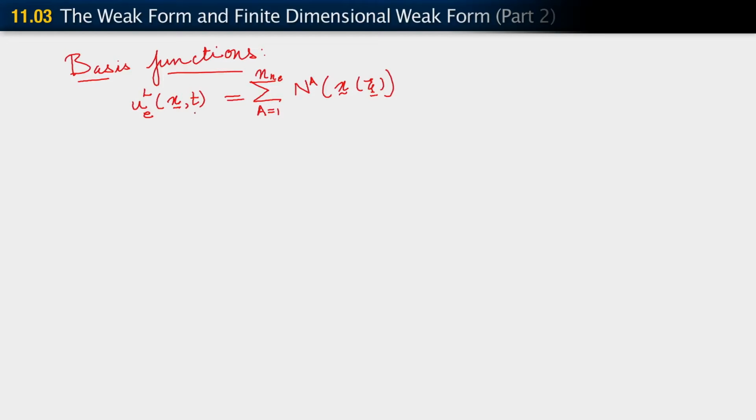The time dependence of UH is done in the sort of formulation that I'm describing here. It is done by simply having the coefficients here, which we know to be the nodal values of our trial solution field, d_A^e. We just make these time dependent. In this sense, once we've done this, what we are doing is a spatial discretization.